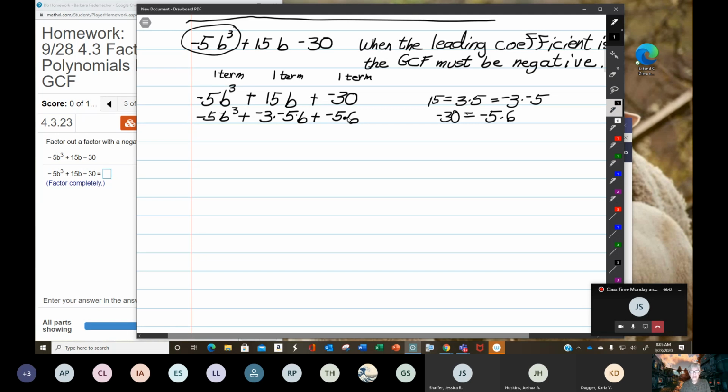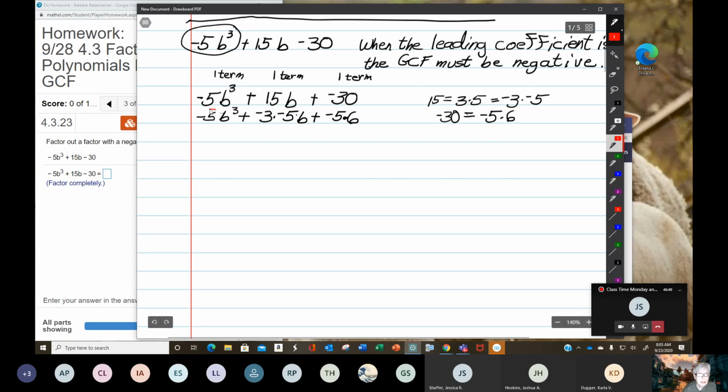Now I have a -5 in each term. So I can circle this. You don't really need to circle it unless you need to. It can help if you're not really familiar with doing this. Again, if this is old hat to you, you probably do this in your head.